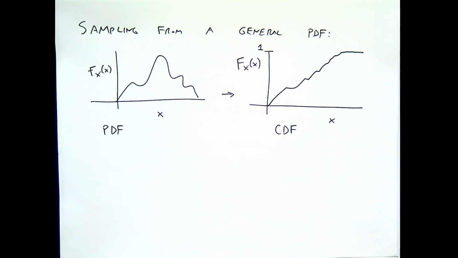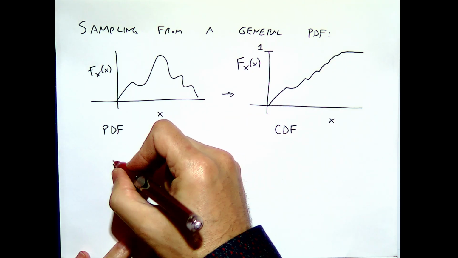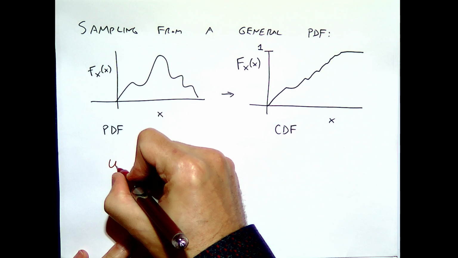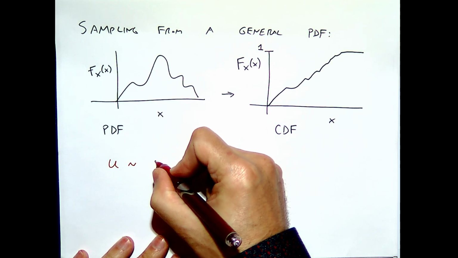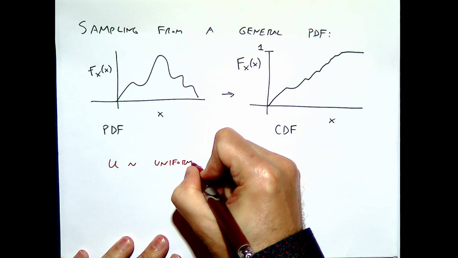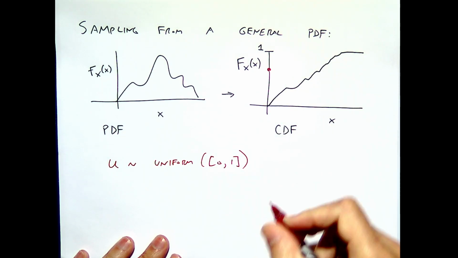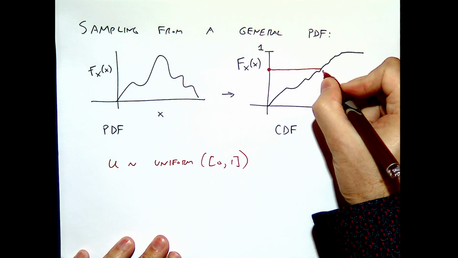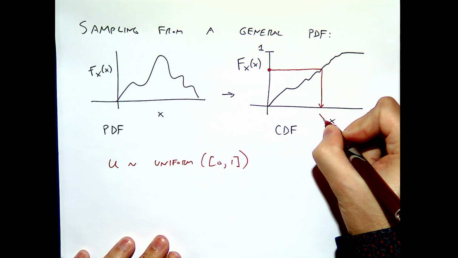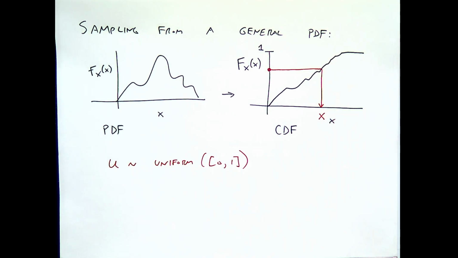And then the easiest way to do it is to say, okay, now I'm going to take a sample u, which is distributed on the interval 0 to 1, right? I basically generate some random number here. I follow that over onto the CDF, and then I create a sample x, right?